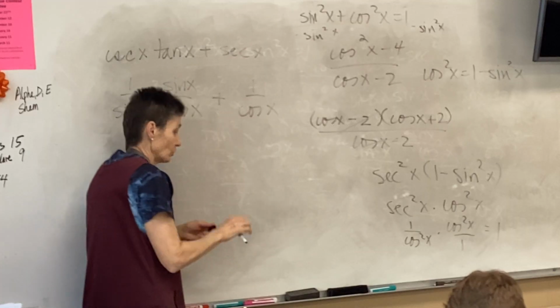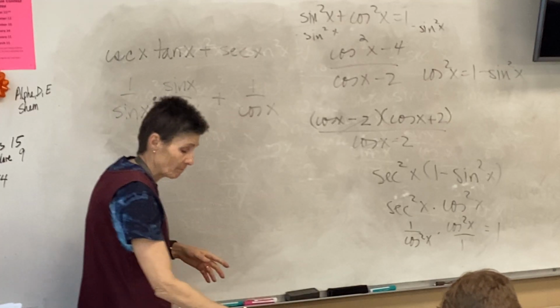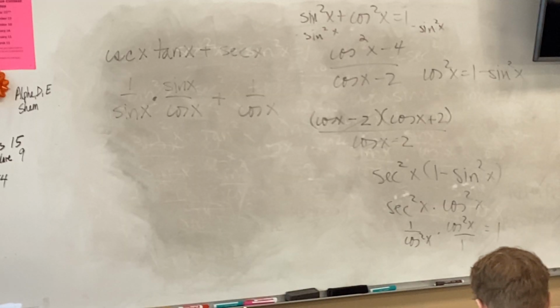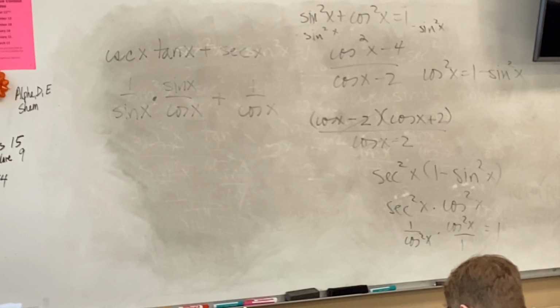All right, so let's look at this really carefully and make sure we're all clear that the first 2 parts of that problem are times, but the last part of that problem is plus. We can cancel whenever we're multiplying, okay?